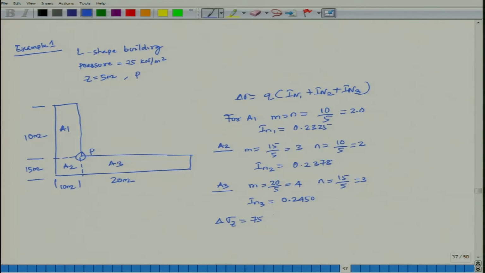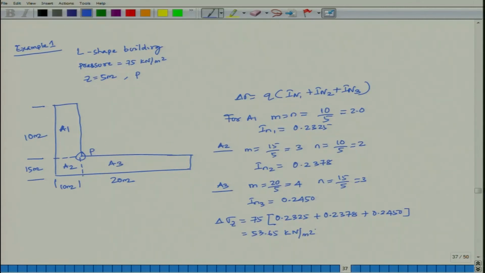So, 75 into I_n1 which is 0.2325 plus I_n2 which is 0.2378 plus I_n3 which is 0.2450, which is equal to 53.65 kilonewton per meter square.